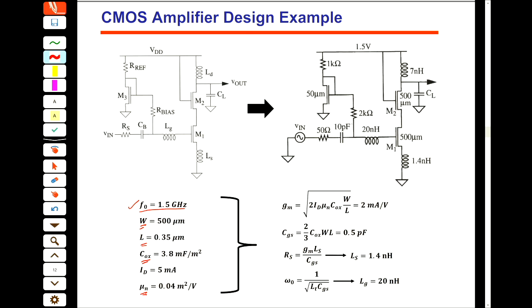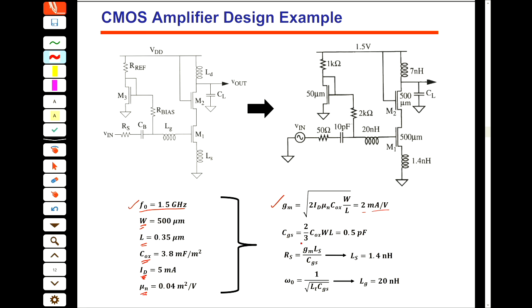These are the transistor parameters: the width and length of the channel, the capacitance of the gate, and also the mobility of the electrons. Then we say that I want this transistor biased at 5 milliampere. Then you can simply find the GM as it is working in saturation. So GM is 2 milliamp divided by volt.